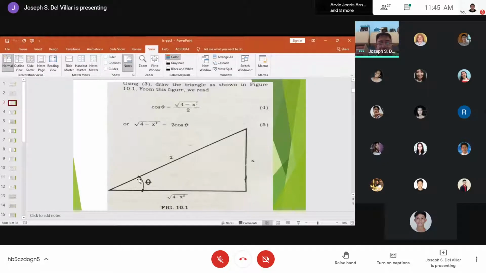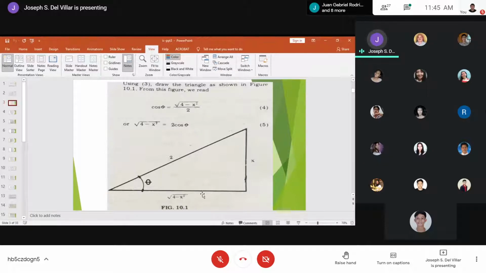Okay, ito siya, no? So, gawa ka ng right triangle. Ilagay mo yung theta dito. Opposite ng theta, i-label mo ng x. Okay? And then, yung x over 2, sine theta is equal to x over 2. Yung over 2 is the hypotenuse. So, i-drawing mo yung 2 doon sa hypotenuse.